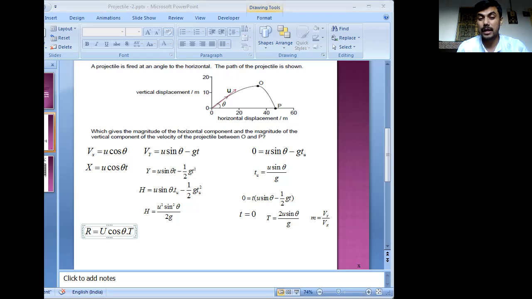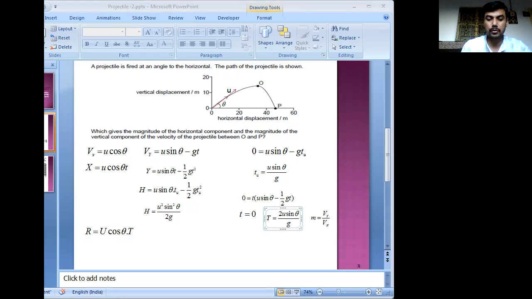Now the range, as you can see, is given by the product of u cos theta and time. The time was found the previous day. It was given as 2u sine theta by g.